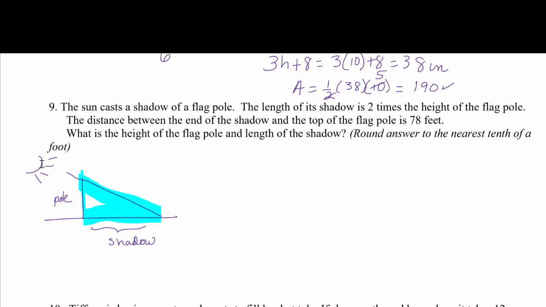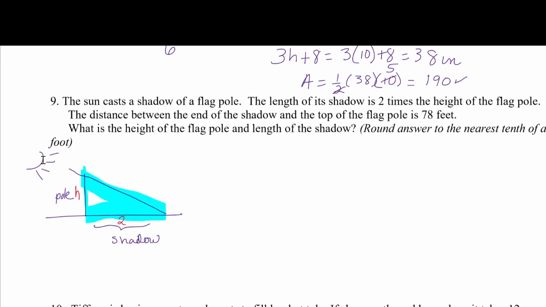Okay, there's our triangle. And it's telling us that the length of the shadow is 2 times the height of the flagpole. So we do not know anything about this height. So let's call that h, H for height. And then the length of the shadow, well, that's this side, this horizontal, and it's 2 times the height of the flagpole.